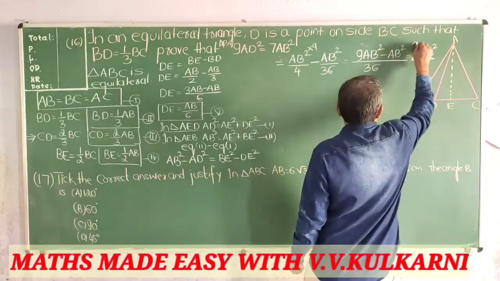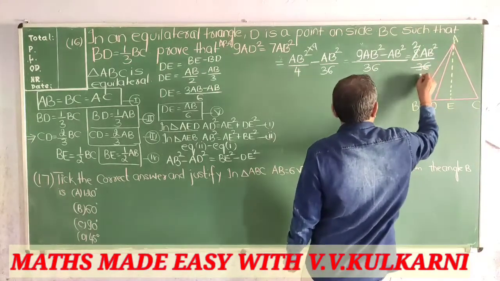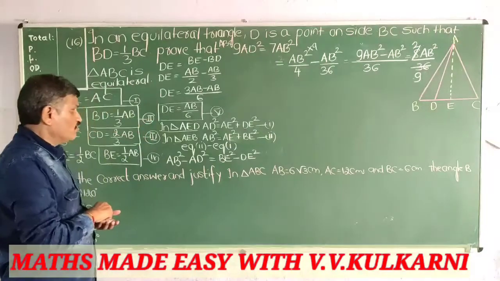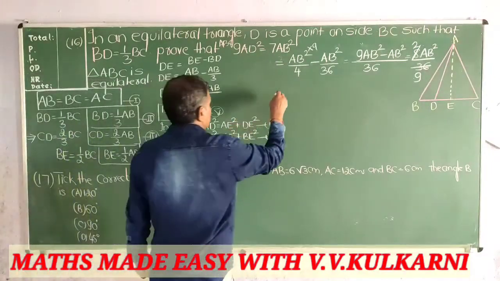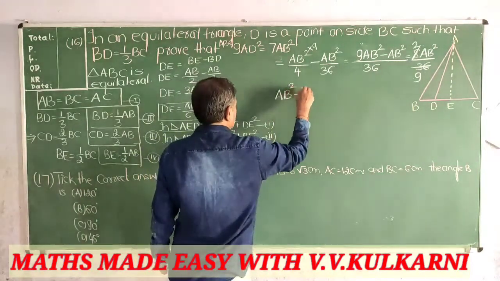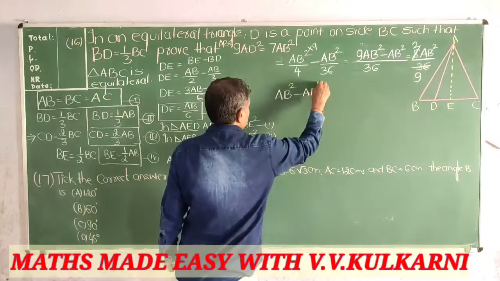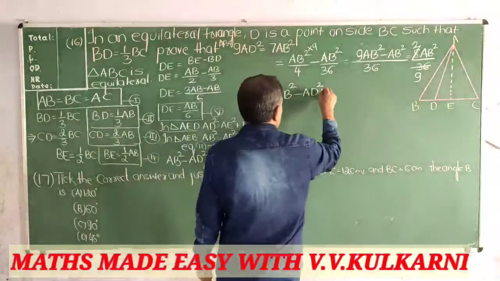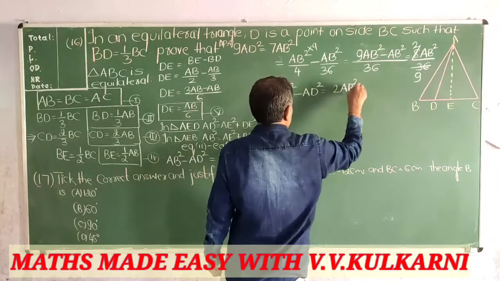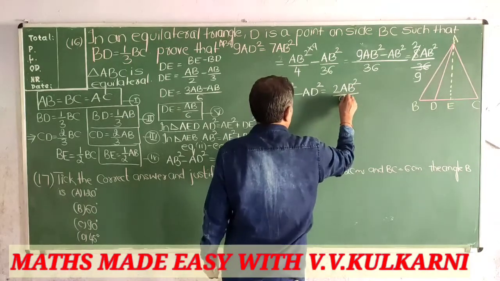Simplifying, 4 2s are 8, 4 9s are 36. So finally what I get here is AB square minus AD square is equal to 2AB square by 9.